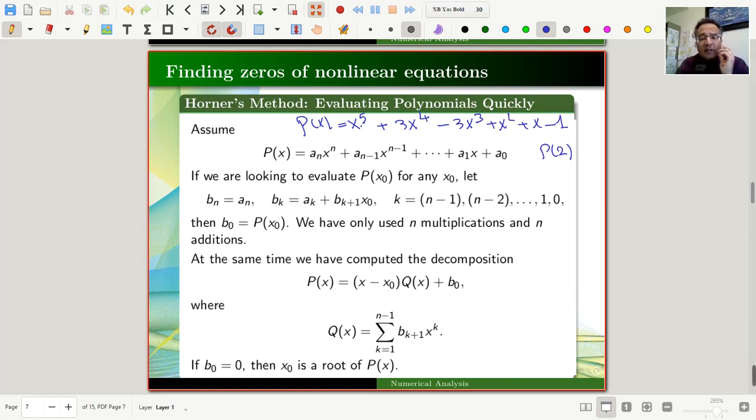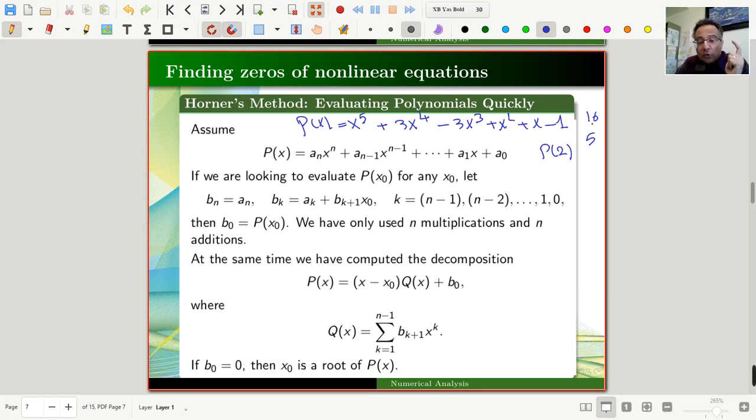If you put 2 in the polynomial, you will have 5 multiplications here, 5 here, 10, 4 here, 14, 2 here, 16, 16 multiplications, and 5 additions.